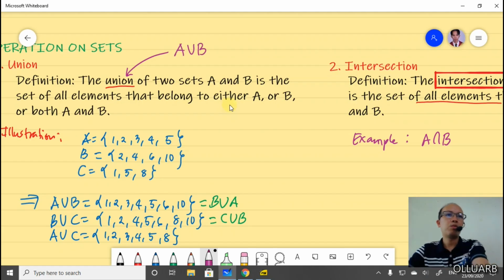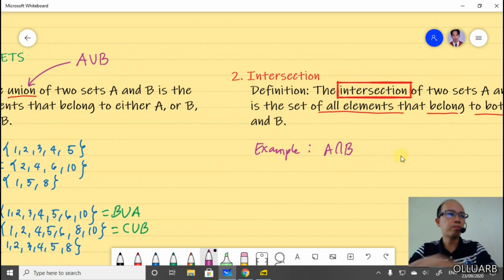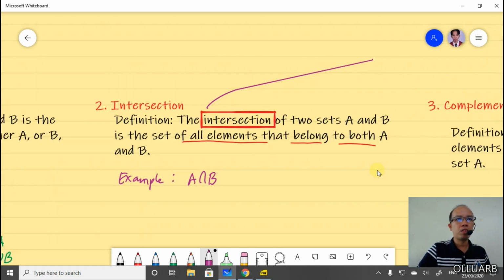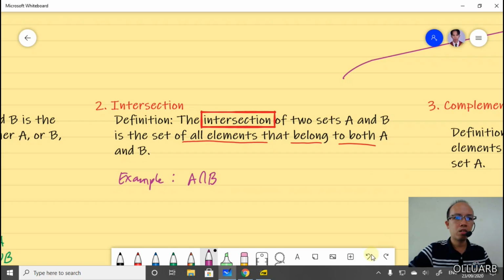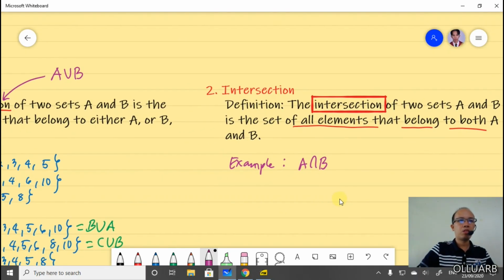Okay, for the intersection, we have this symbol. Sorry. Let's wait for the program to respond. For the intersection, it will be denoted by this symbol.